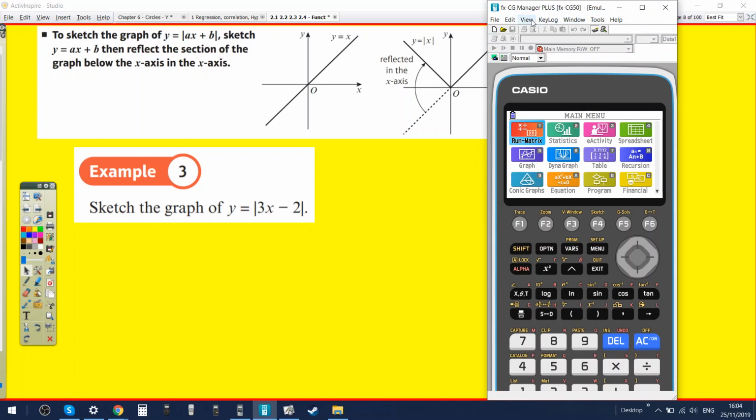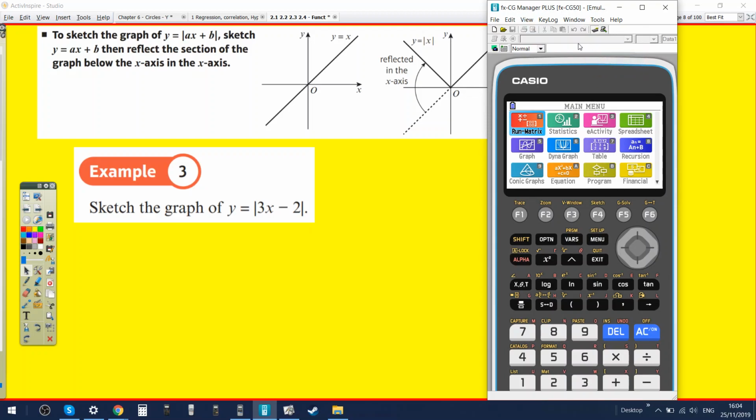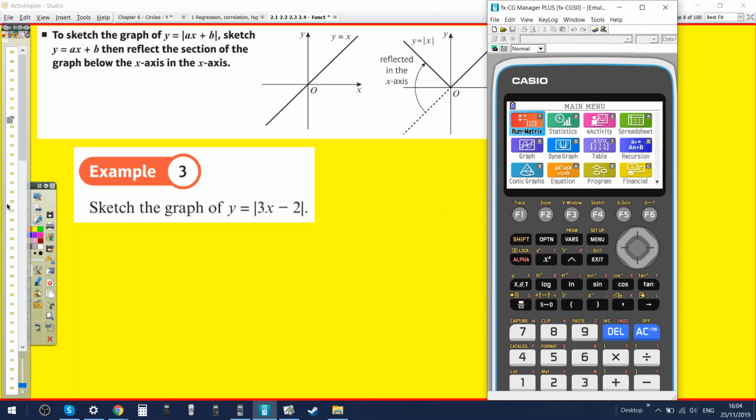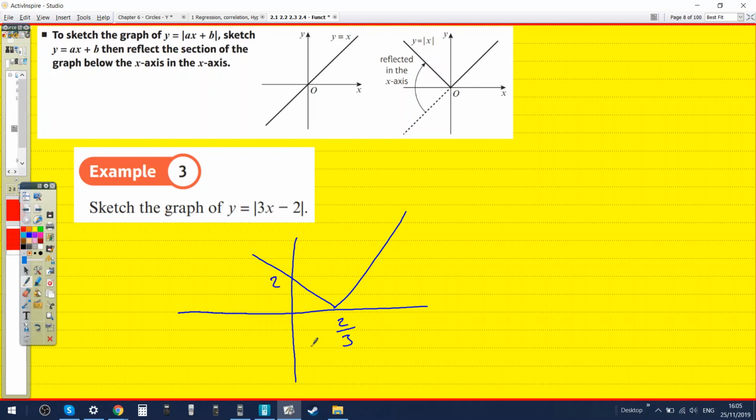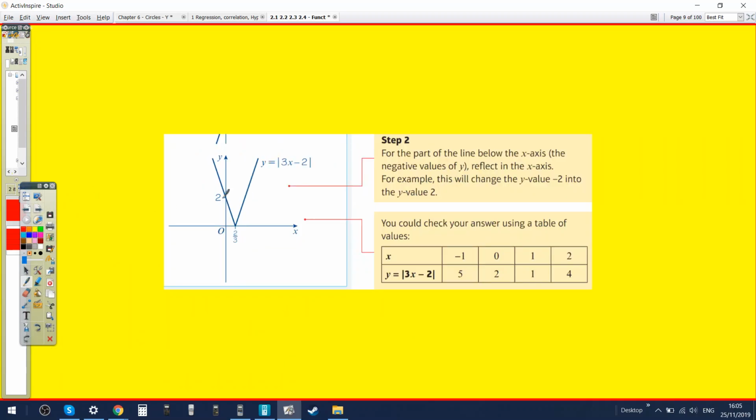Yeah, I've got it. And where does the x-intercept, y-intercept? The y-intercept would be 2. Okay. And x, the root? It'll be 2/3. And so I think it's something like that. Yeah. That's 2/3. And you just have to, yeah, that's fine. There we go. That's 2/3 and that's 2.